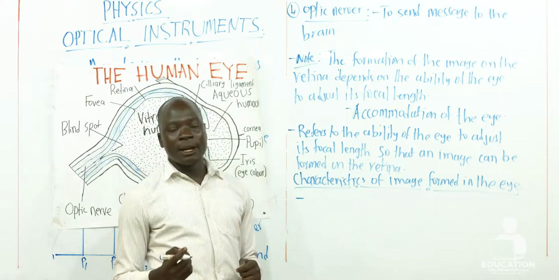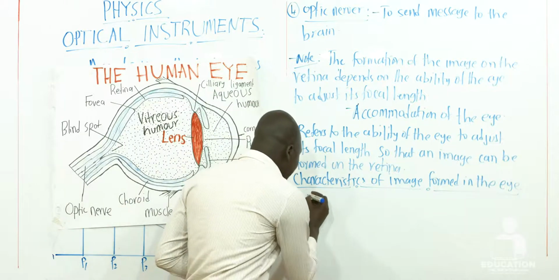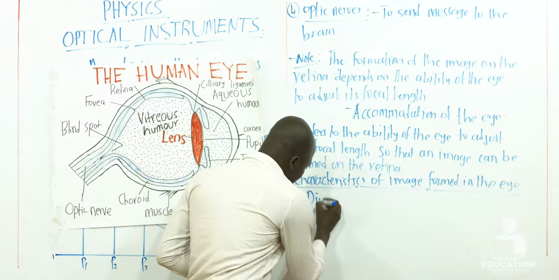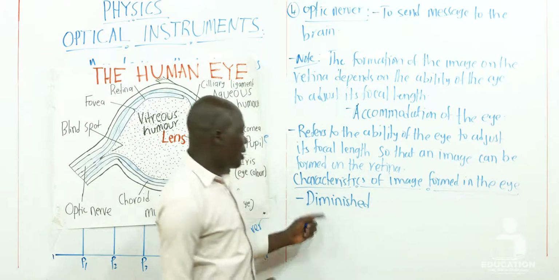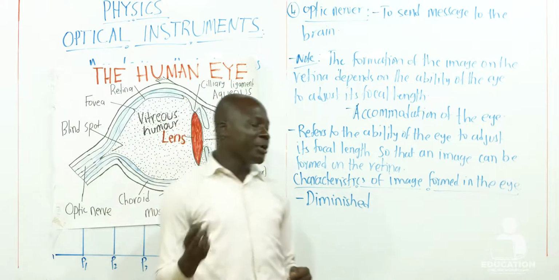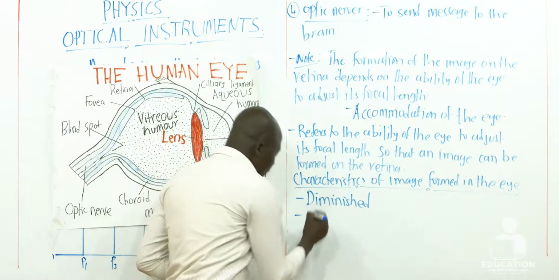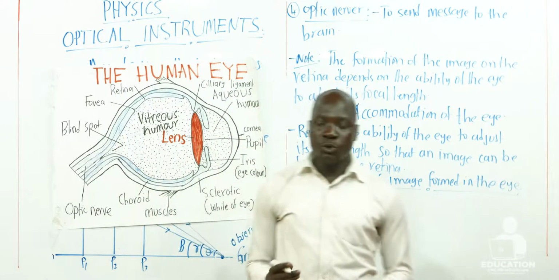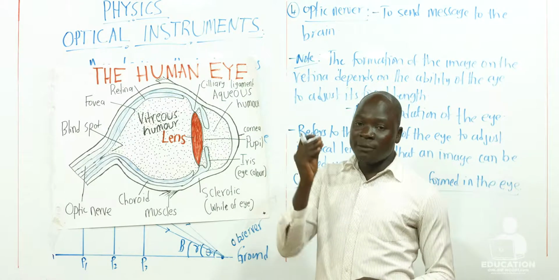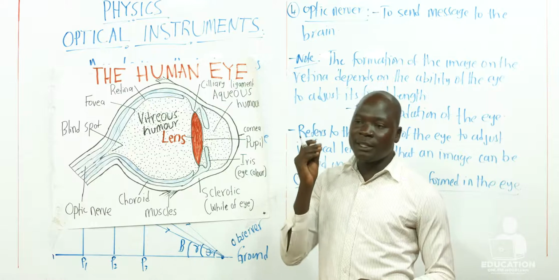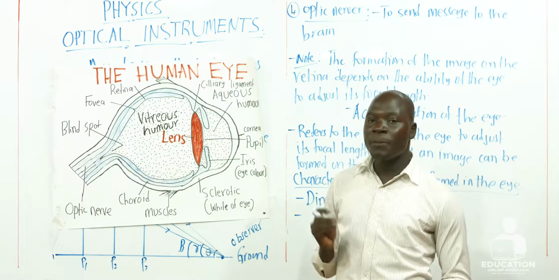And an image that is smaller than the object is called a diminished image. So we say the image is diminished, meaning an image which is formed in the human eye is smaller than the object. Then 2, when you see an object which is standing upright and the information has been sent to the brain that that object is standing upright, it means the image which is formed is also upright.